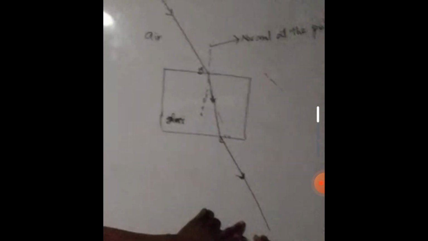It enters the air back with a path that is parallel to the first one. Because this one is air, this one too is air. That's why the path must be parallel. So now we call this the incident ray.